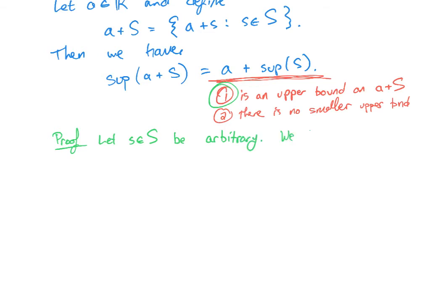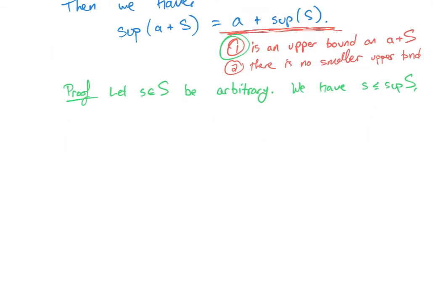We have s is less than or equal to the sup of S, because that's what sup means. Okay. Now in your proof, you could say right here, by definition, but when it's so obviously by the definition, we don't really need to say it.